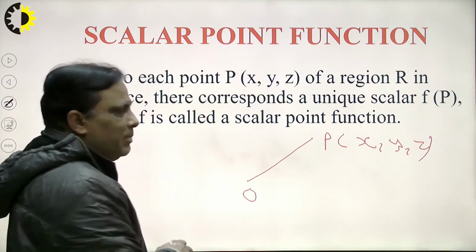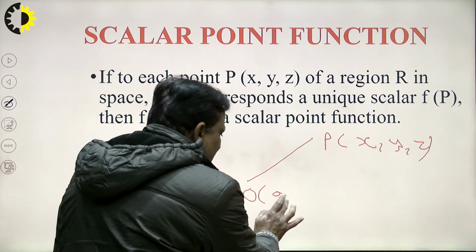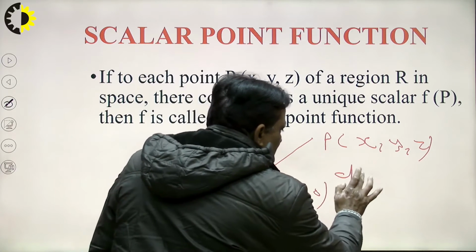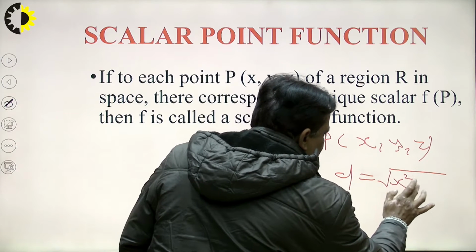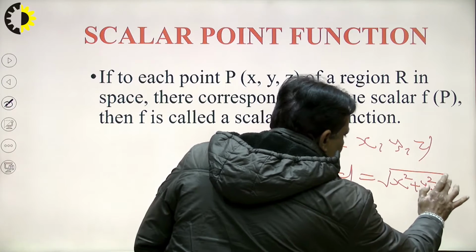What is the distance between these two points? d is equal to the square root of x square plus y square plus z square. In this way we calculate the distance between two points.